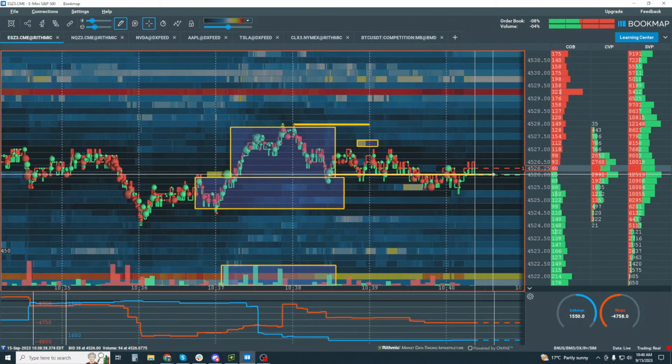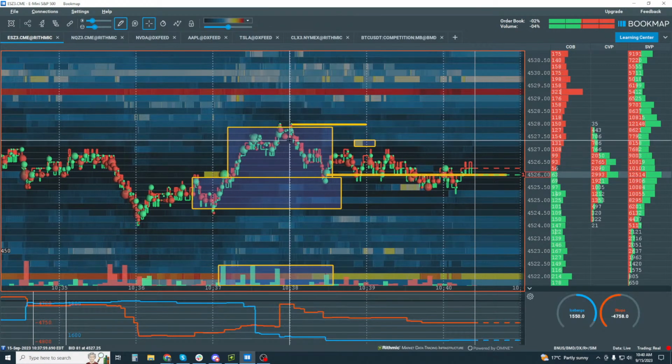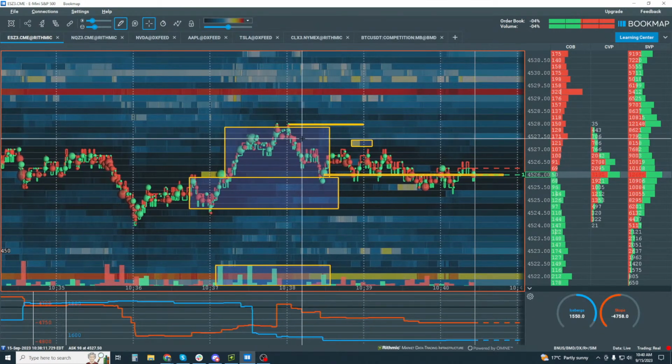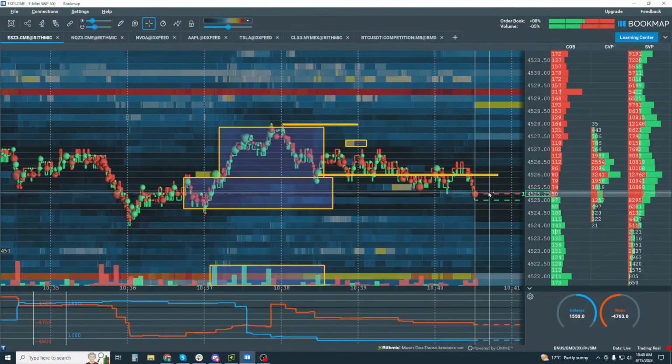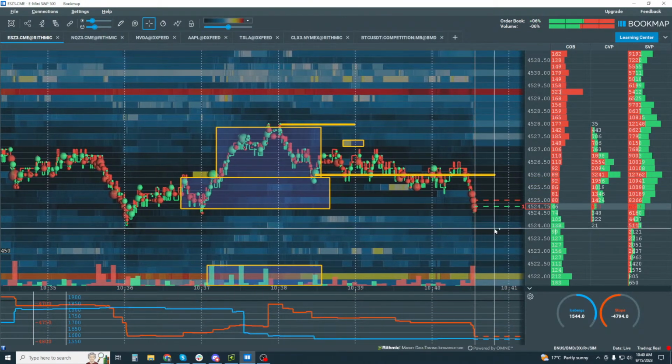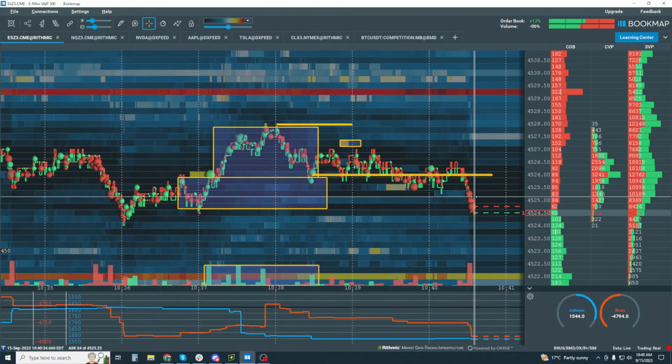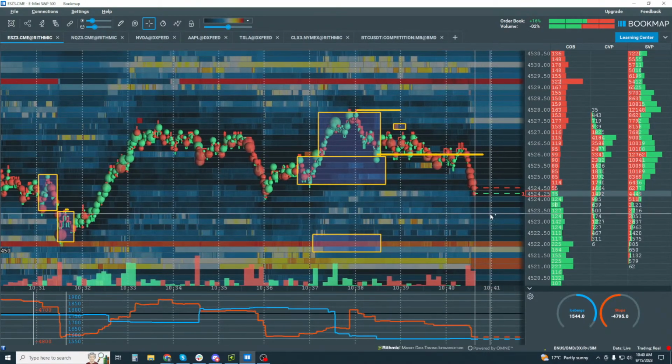If we can get down below that and see sellers, these guys will have to cover. That's the scenario we're looking for. So we're looking for sellers here. Here they come. Now we're looking for the continuation. Okay, it's broken the range and we're looking for continuation.